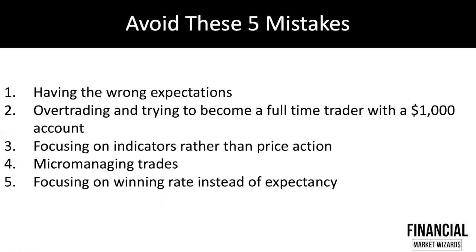I talk about how you should be focusing on price action and context rather than indicators. I talk about micromanaging trades and how you need to learn to accept risk. If you have a problem accepting risk, then try trading a smaller position size. And lastly, I talk about focusing on trading expectancy, not winning rate, because winning rate is only part of the equation.